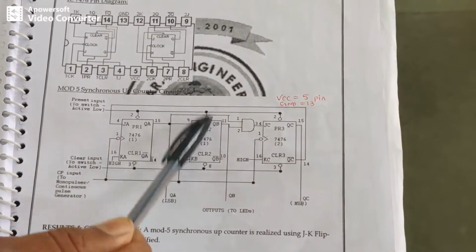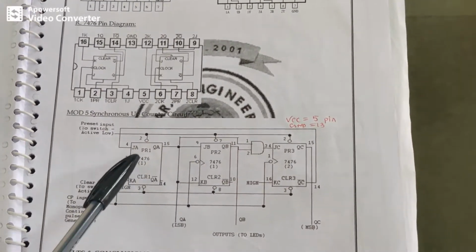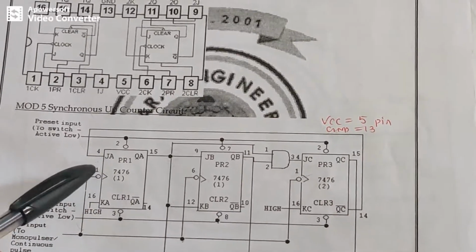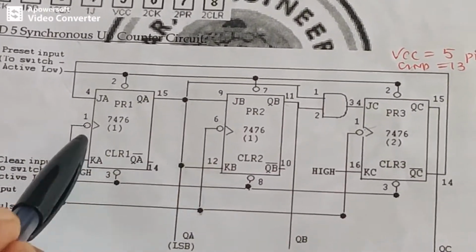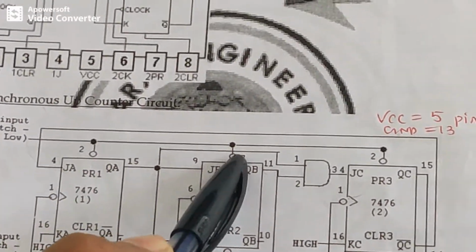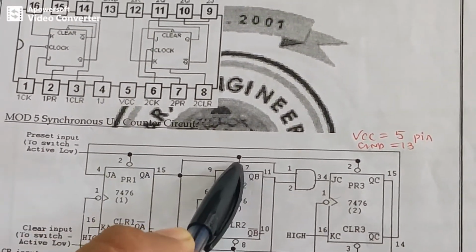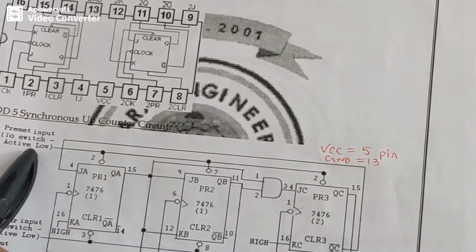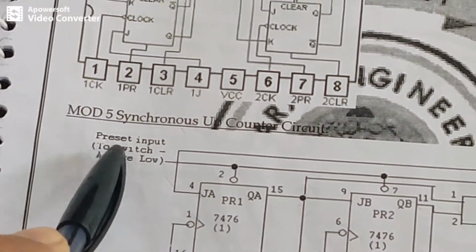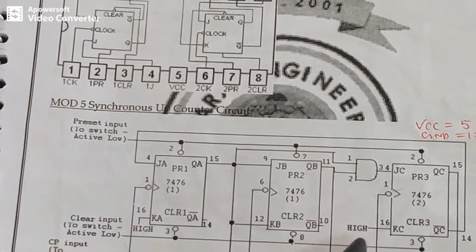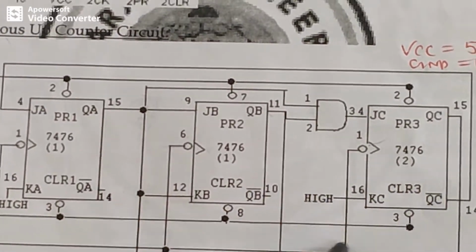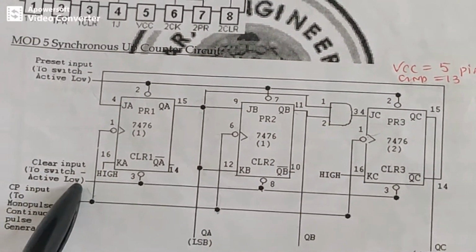Now we will see how to connect these ICs and what the different connections are. After making the VCC and ground connections, pin numbers 2 and 7 of the first IC along with pin number 2 of the second IC go to the preset input, which is used to set the output. Pin numbers 3 and 8 of the first IC and pin number 3 of the second IC go to the clear input.